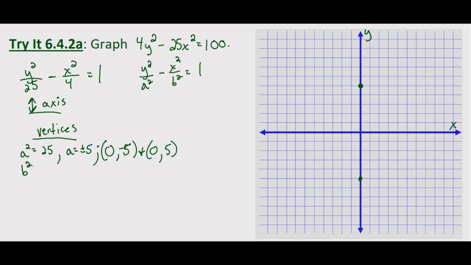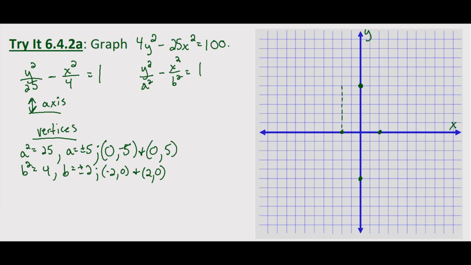B squared, we know, is 4. So B equals plus or minus 2. And that's going to give us -2, 0, and 2, 0. So we go ahead and plot those.